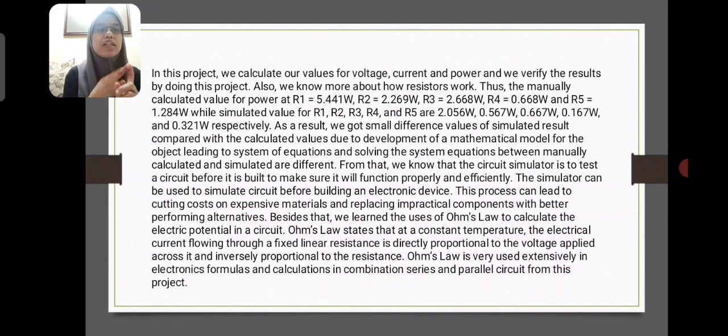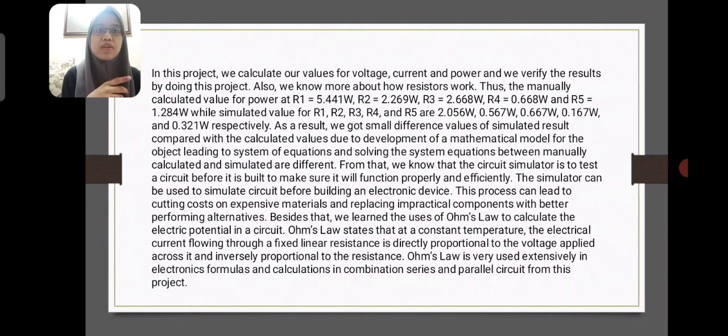The second is that the simulator can be used to simulate a circuit before building an electronic device. The third benefit is cutting costs on expensive materials and replacing components with better performing alternatives.